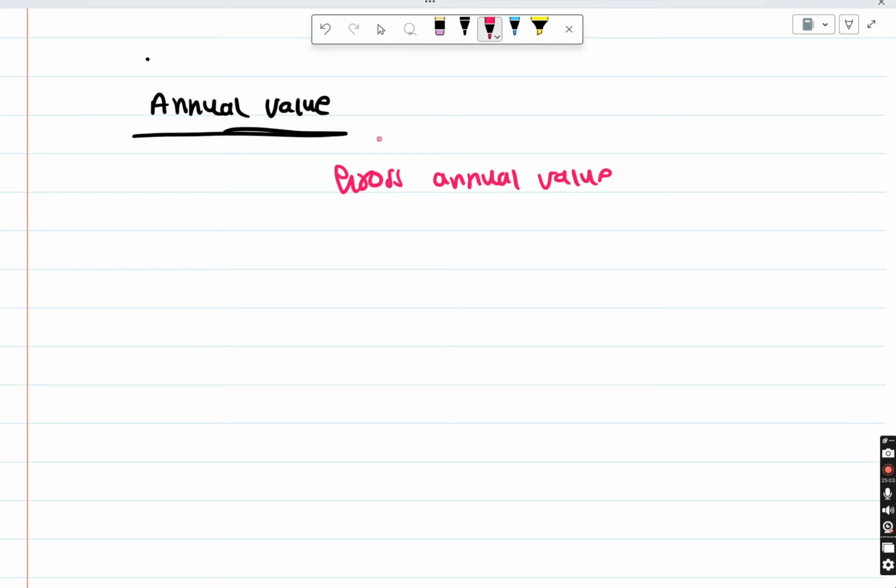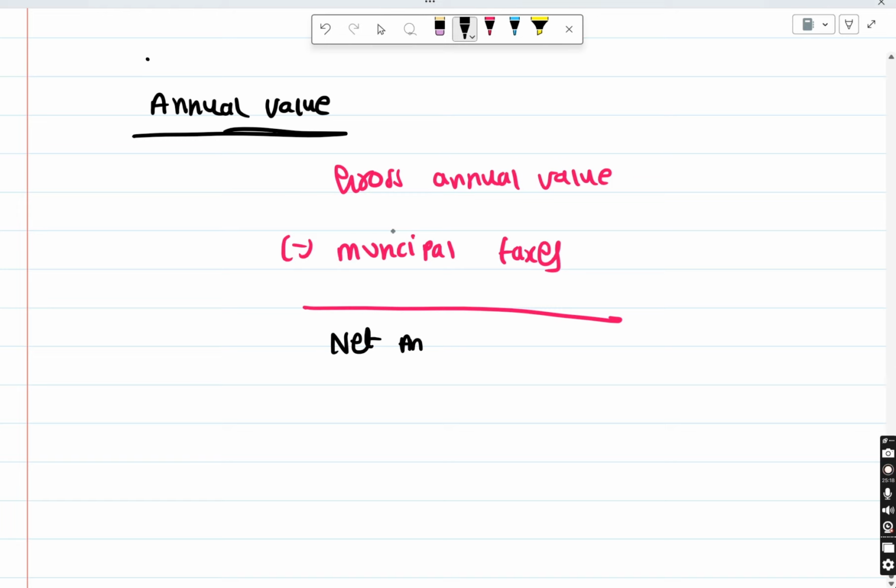Whatever we are discussing, this is all section 23 only. From the gross annual value we deduct municipal taxes, then you get the net annual value. Then from that we have only two deductions under section 24.